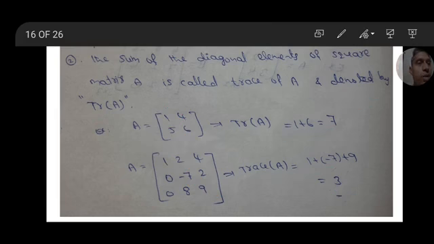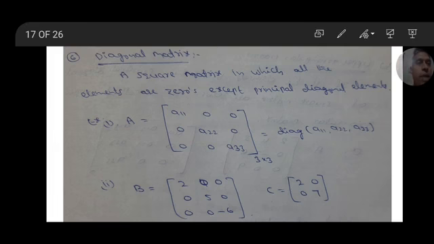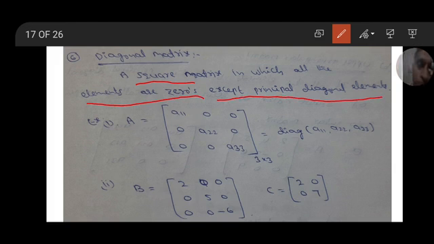Next type of matrices, diagonal matrix. First we saw rectangular matrix, square matrix, row matrix, column matrix, zero matrix, now diagonal matrix. A square matrix, compulsorily, means the number of rows equals the number of columns, in which all the elements are zeros except the principal diagonal elements.